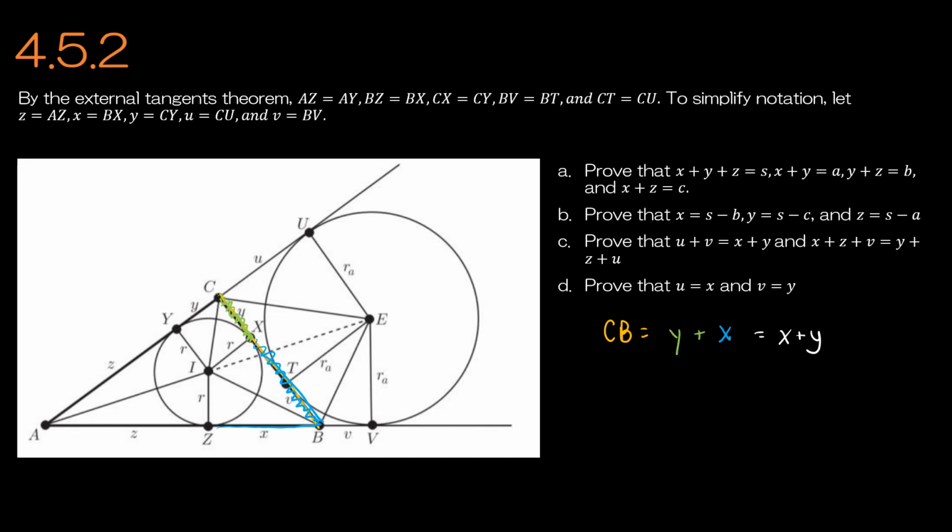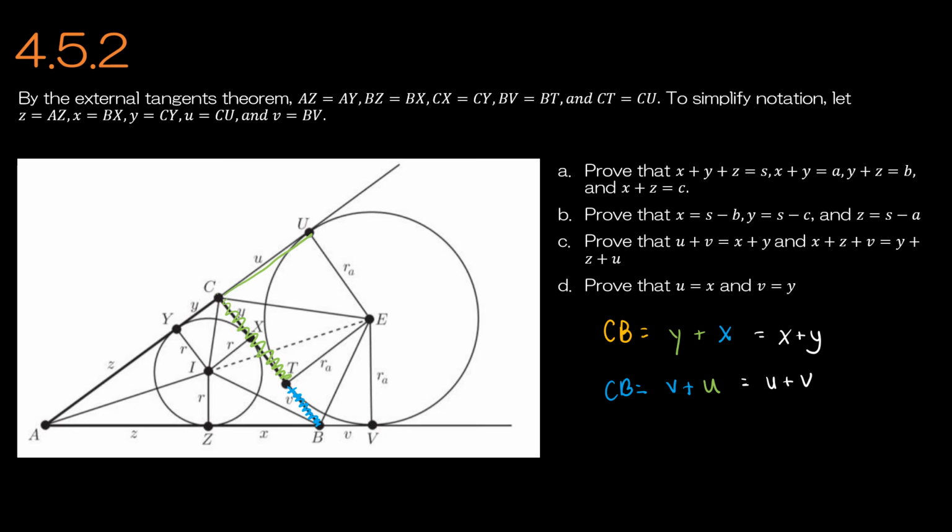But looking at it a little bit differently, I could also say that CB is equal to, and again we're trying to prove it's equal to u plus v. Well, v is this segment right here, so v plus this segment right here, which is the same as u. So u plus v.